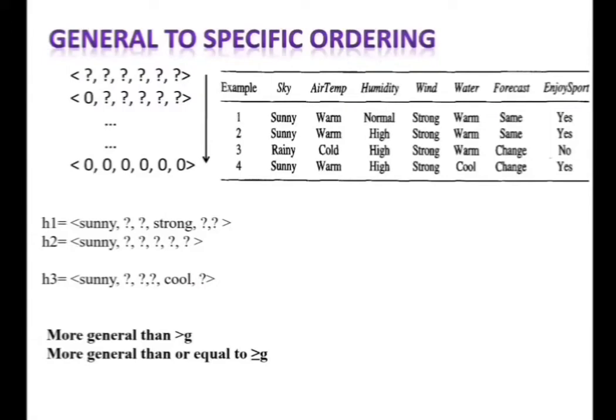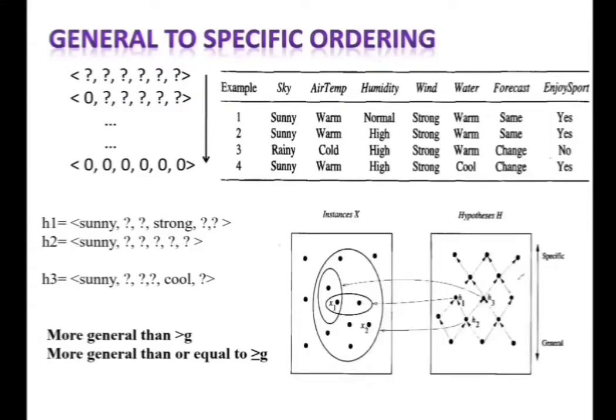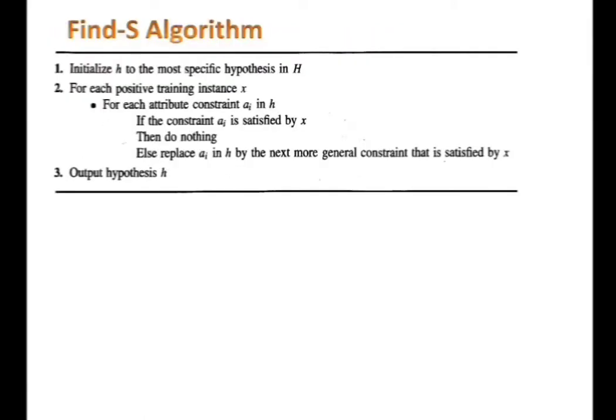Even though the instances satisfied by these two hypotheses intersect, neither set subsumes the other. If such hypotheses exist, then we say the order is partial order. The Find-S algorithm is used to organize the search in such a more general than partial ordering.